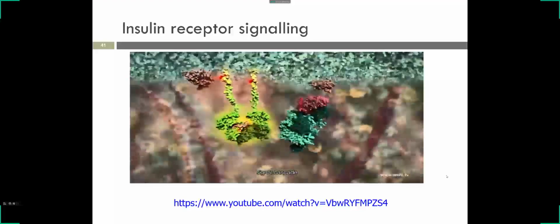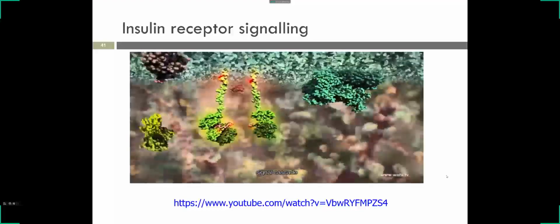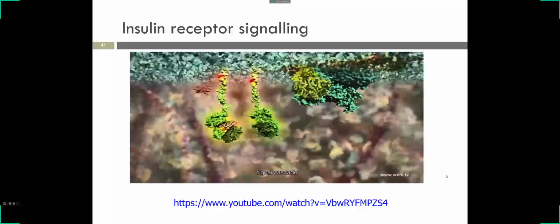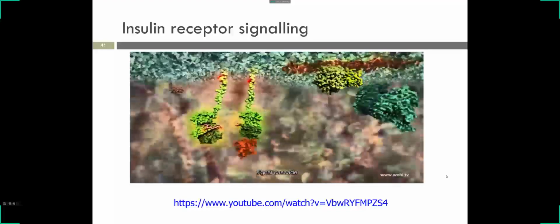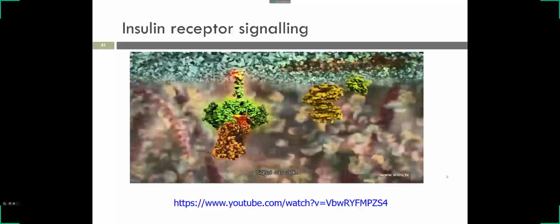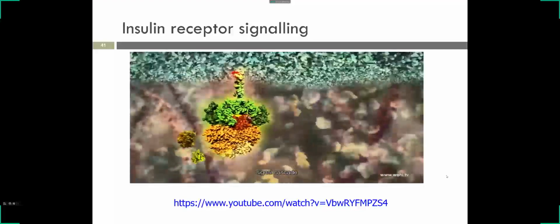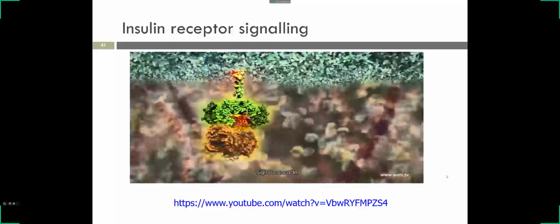Okay, so now those are activated and they'll drive the signaling cascade and start phosphorylating other proteins. You can see that's them recruiting, dimerizing, cross-phosphorylation, and then they can lead to the signaling cascade that is downstream.